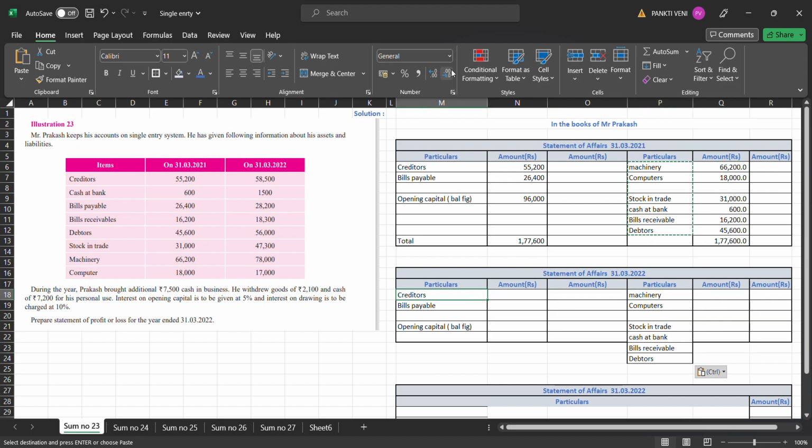So figures are 58,500. 1,500 is my cash at bank. 28,200 is my bills payable. 18,300 is my bills receivable. 56,000 is my debtors. Stock in trade is 47,300. 17,000 is my computers and 78,000 is my machinery.